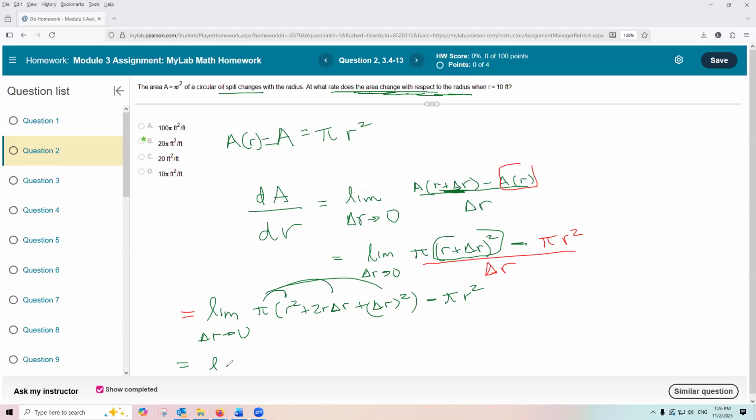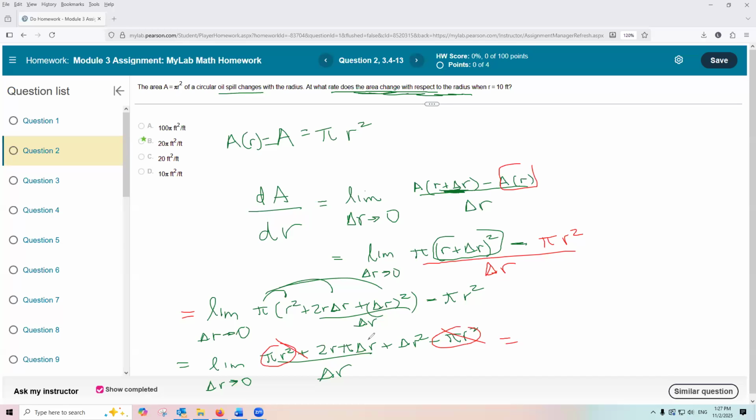So it's going to be the limit as delta r goes to 0 of pi r squared plus 2r pi delta r plus pi delta r squared minus pi r squared, all over delta r. Well, I am noticing something can cancel out here. We got a pi r squared minus pi r squared, so those cancel.